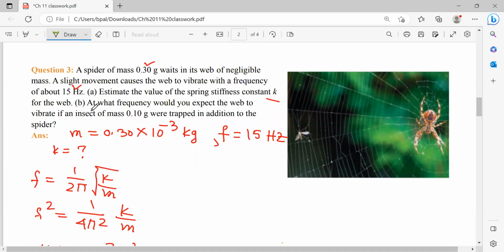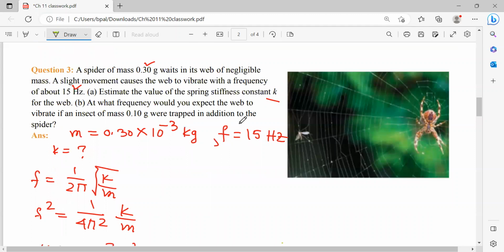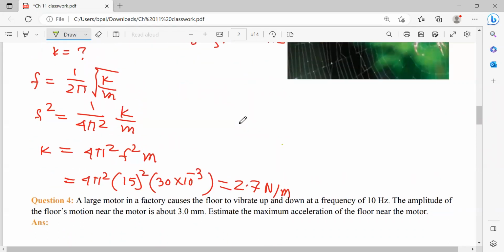The second one, it tells us at what frequency would you expect the wave to vibrate if an insect of mass this gram were trapped in the web in addition to the spider. Sorry, here we have a mistake, so it will be 0.2, 0.30.